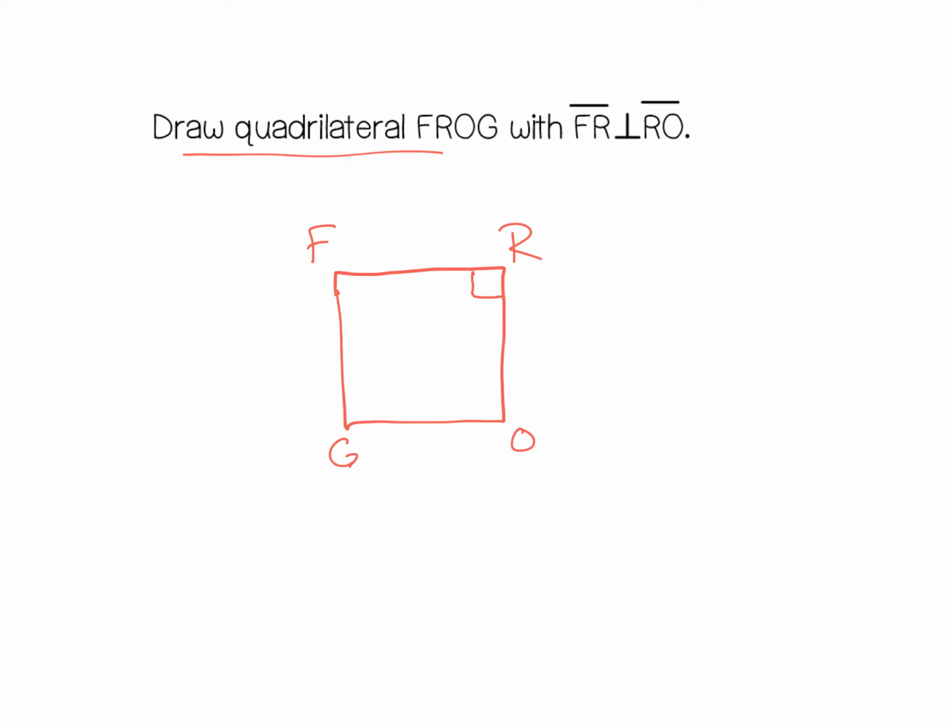So this is how I show my right angle. I threw that in there because we talked about this a little while back, but that's the symbol for perpendicular, meaning they make a right angle. If I put in the extra stipulation that, let's say, FR is parallel to GO, remember we use arrows to show parallel? That would be that additional piece right there.